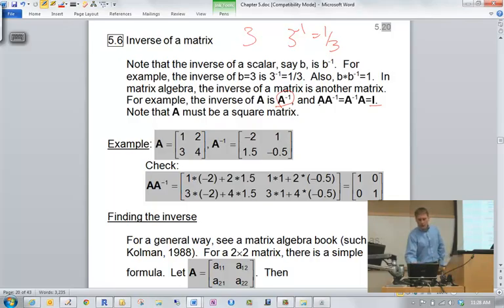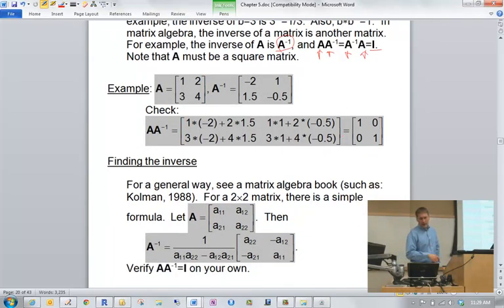So in order to flip-flop these positions for those matrices, what does A have to be in terms of the size? It has to be a square matrix, exactly. Because if it was not square, then you would have problems with the multiplications in terms of the rows and the columns matching up correctly.